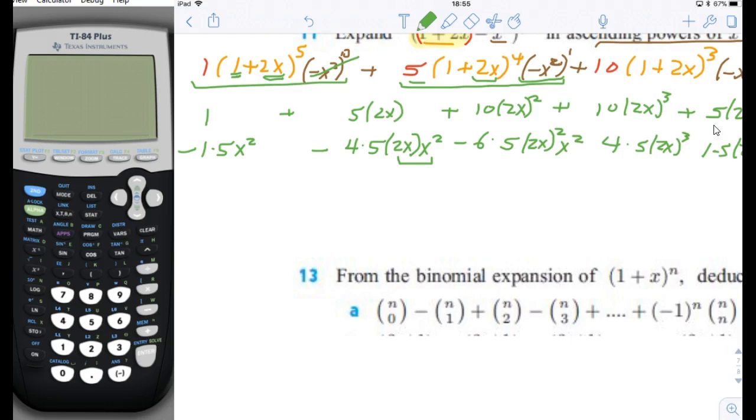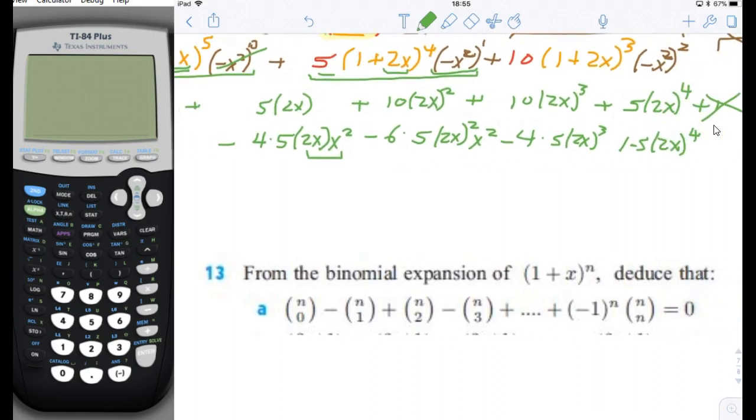And do you see how this one is already x to the 4th, right? So we don't want to go past here, but let's see, negative x squared here, and then we're already above x to the 4th. So we don't want this one. We don't want this one because the degrees are too high.